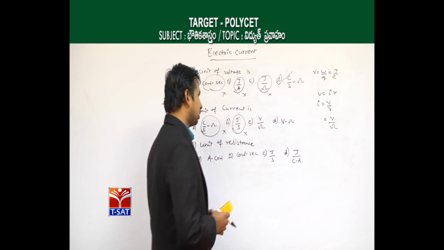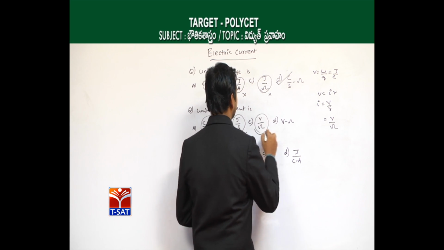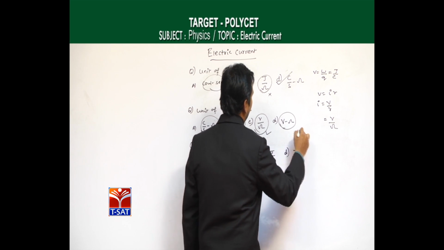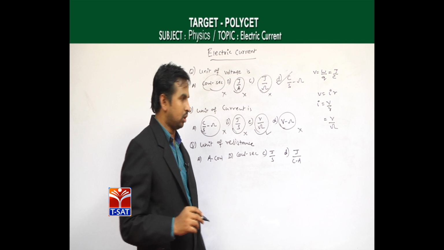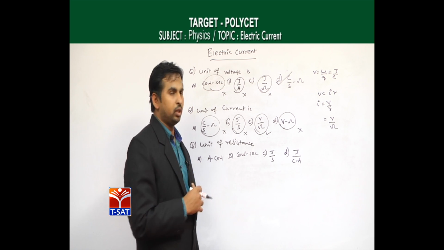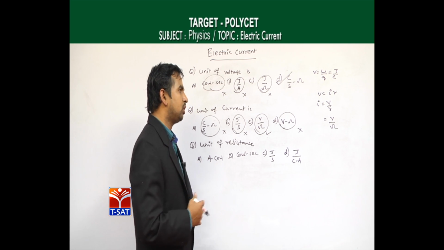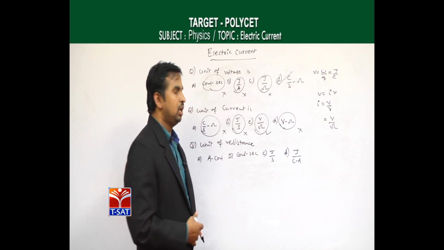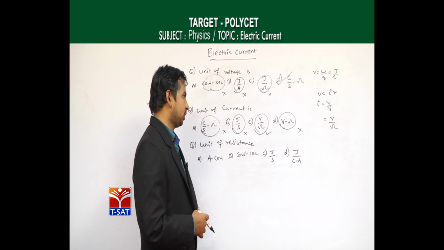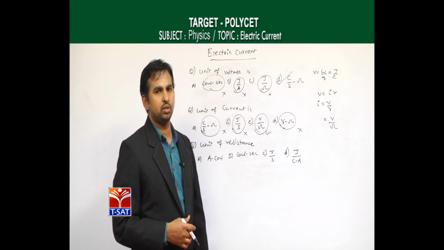That is why option C is correct, whereas volt per ampere and volt ohm are wrong. Volt per ohm is correct, because from V is equal to IR we got I is equal to V by R, where V is the voltage and the resistance is in ohms.